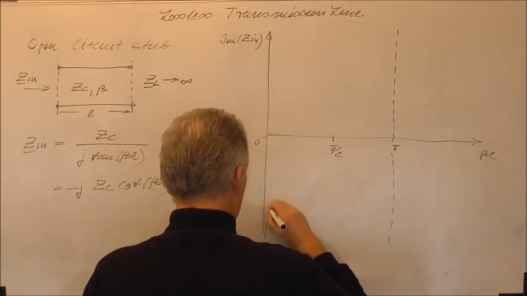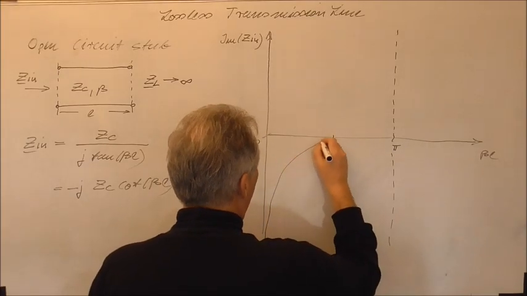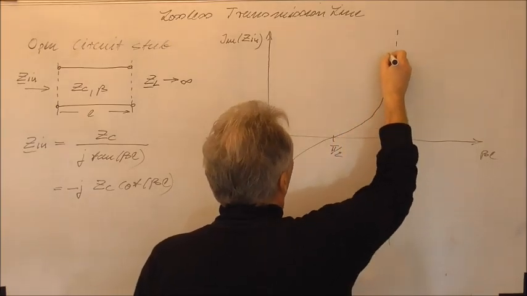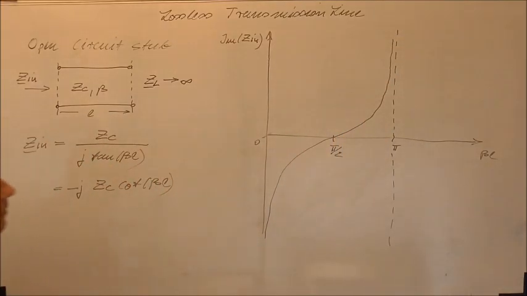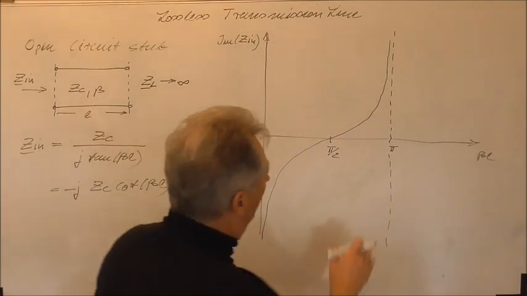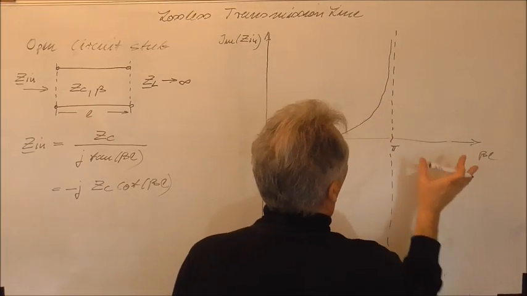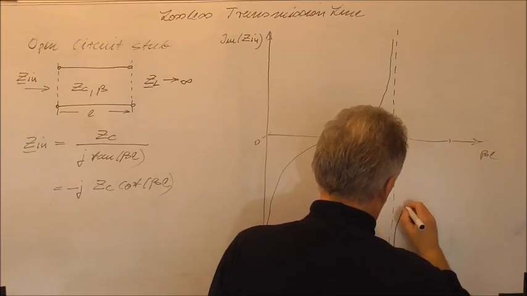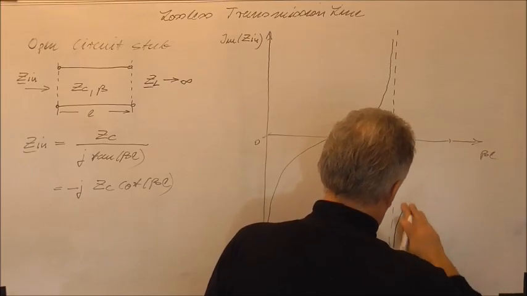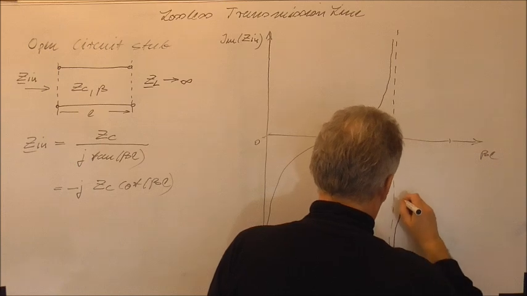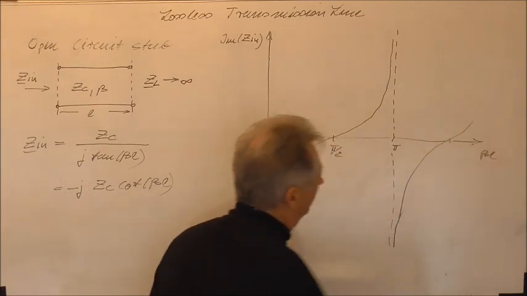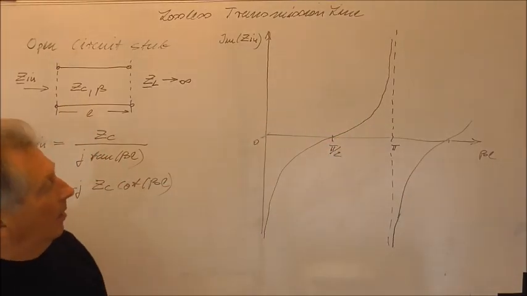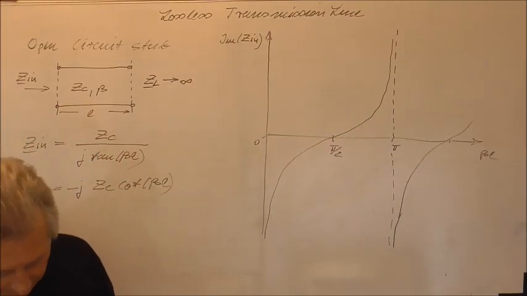So if I sketch it now, it almost looks like this. We start at negative infinity, then we undergo the transition to 0, and then we become inductive. And again we come from here, and then we undergo a transition to 0 again. So the behavior of the imaginary part looks almost like this.